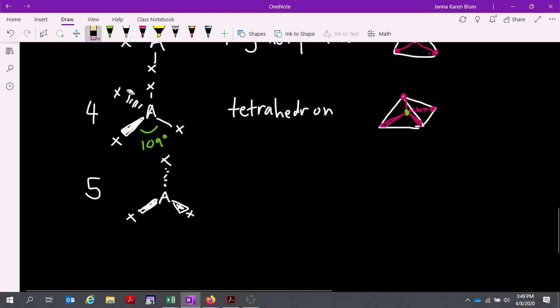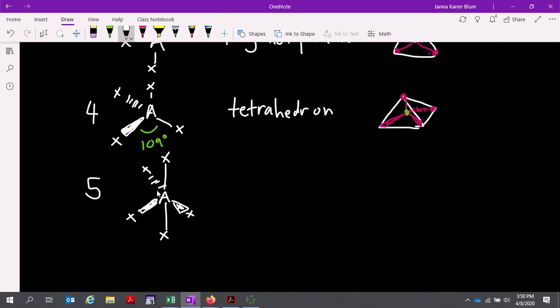Hold on, let me try to go that a little less out of my way here. And then coming up and down in the plane, I have kind of these 2 sticks. So imagine this is like a triangle going around the middle of these 2 bonds coming out.